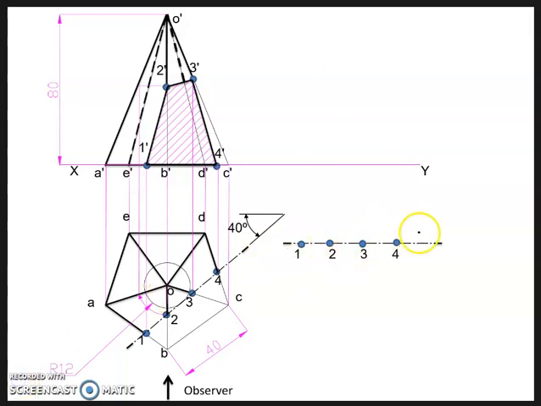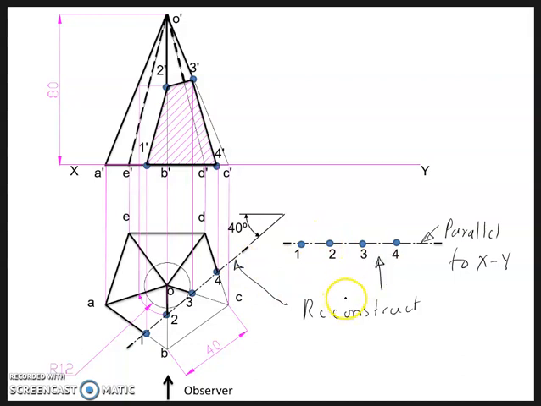So make the section plane parallel to x1. Alright. So how to make that? See, you have to just reconstruct this section plane over here and make it parallel.